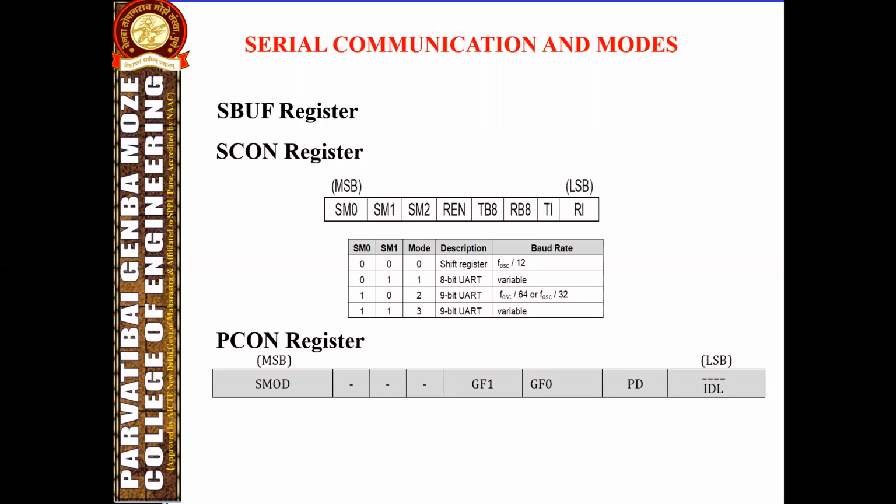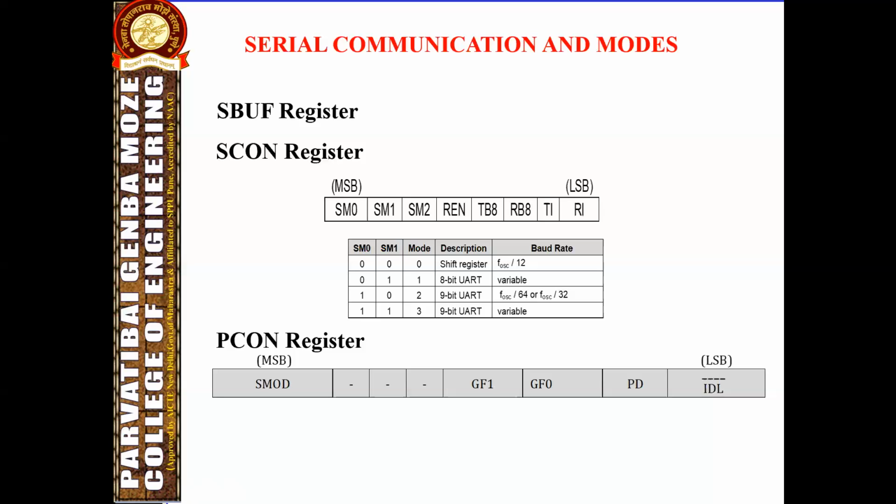RB8, in mode 2 and 3, is the 9th data bit that was received. In mode 1, if SM2 equals 0, RB8 is the stop bit that was received. In mode 0, RB8 is not used. The concept of the stop bit will be discussed later in this section.